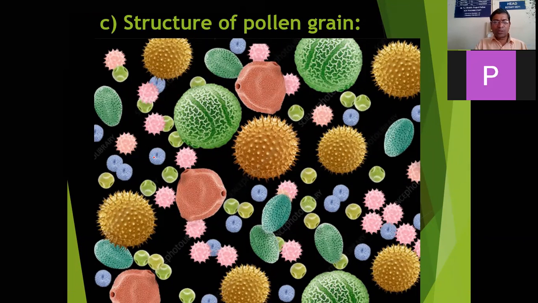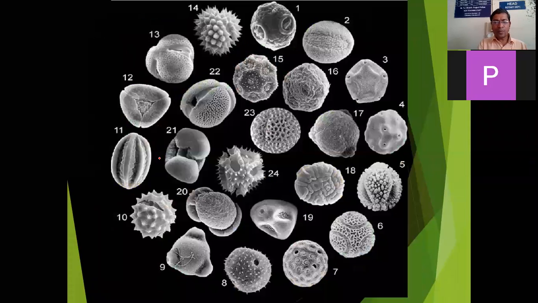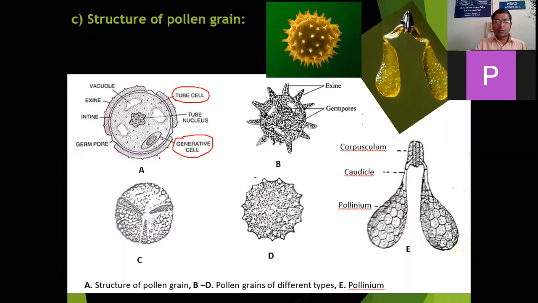So the number of pores differs as per the species of plant. It may be a single pore, or two or three pores. These are called the germ pores, from which the pollen tube is produced.